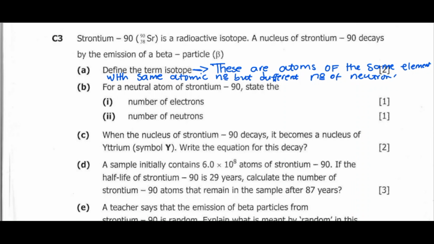So here the whole thing is about neutrons, but to simplify, we say different mass number.